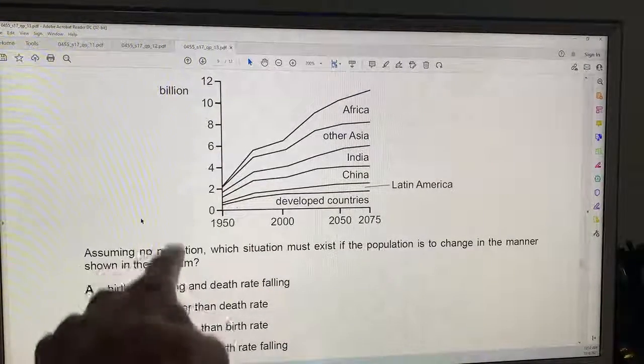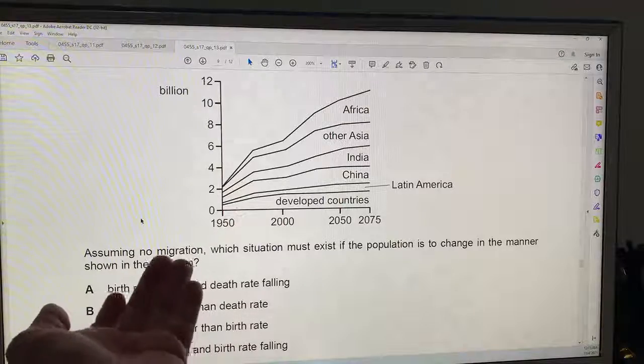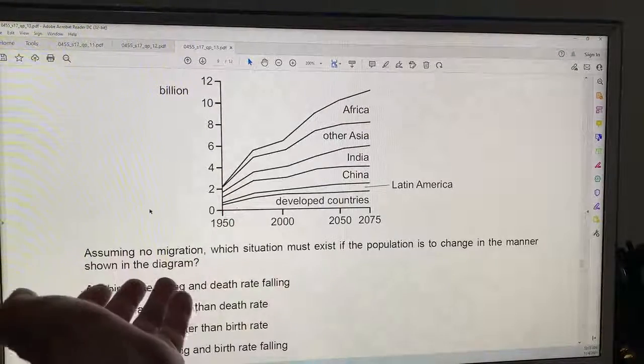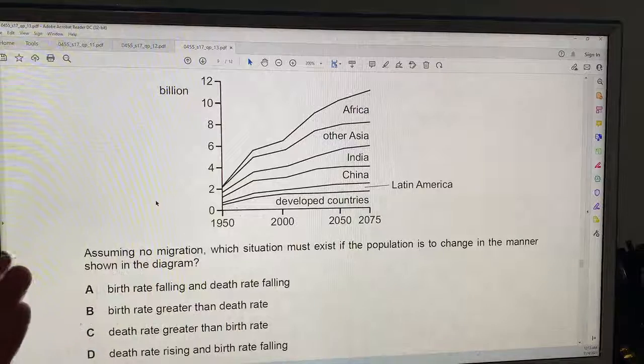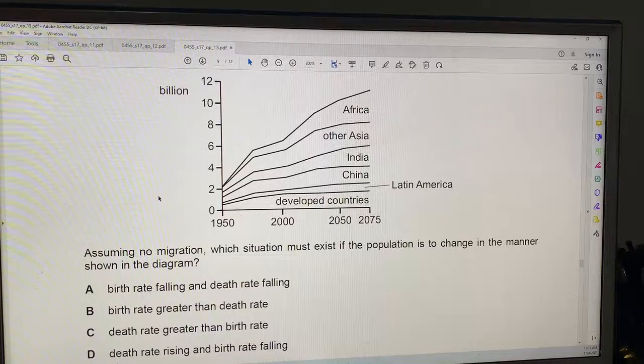And they say, assuming no migration, because if there is migration in and out, then it makes this question much more complicated. So assuming no migration, which situation must exist if the population is to change in the manner shown in the diagram? So I'm going to look at how the populations change in the manner shown.